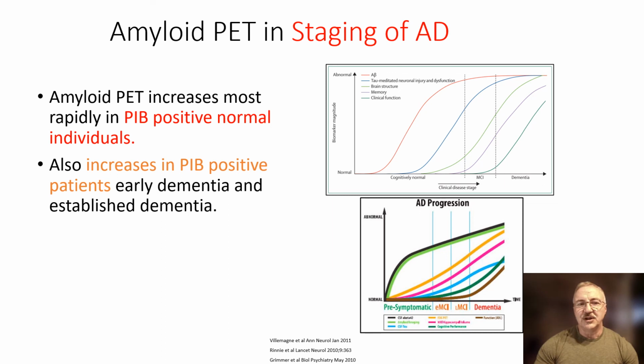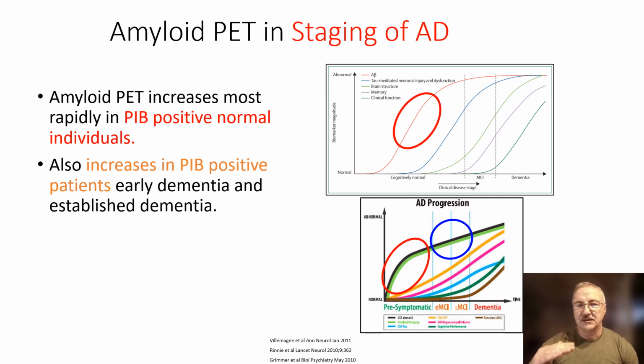But if we look at PIB studies, as one of the early amyloid PET agents, amyloid does appear to increase if you do serial imaging in people. So we're imaging early on, but we also see some increase in patients who are already developing symptoms.